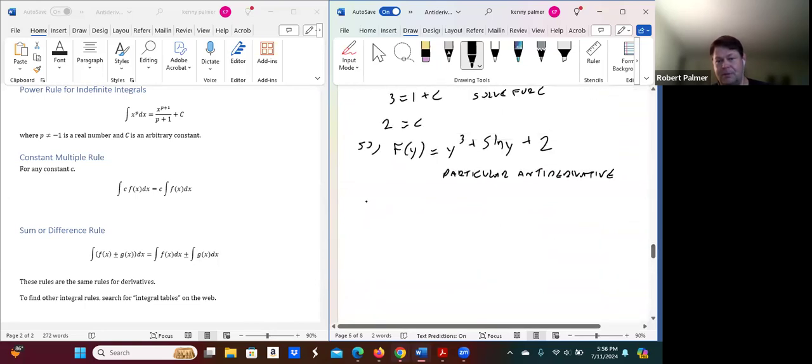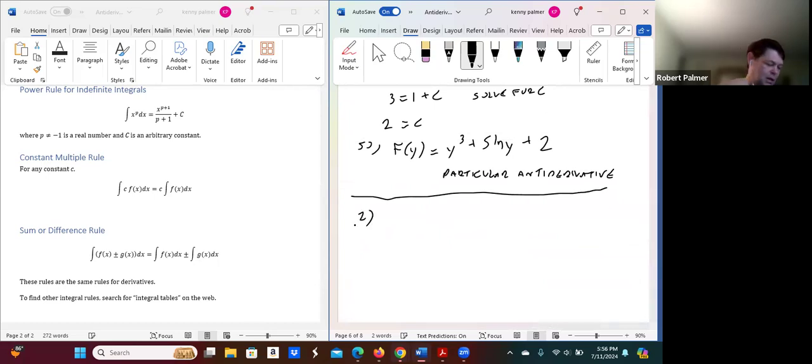One more example. So let's start right here. This should be number 2. All right, this has to do with acceleration and velocity, rather, and position.